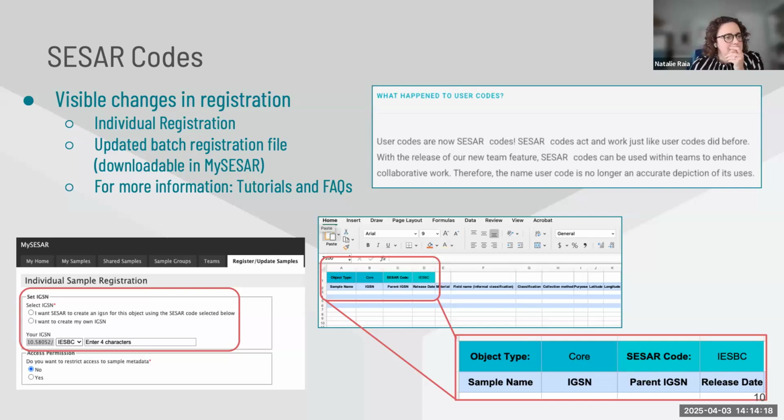This is also the same for the batch updates too. You should make sure that the documents have CSAR code rather than user code. Otherwise, it will come with an error. Again, we do realize, like Natalie said, that it is a little bit of a change, but it shouldn't be too much. It should be easily transferable. You could just download a new template.